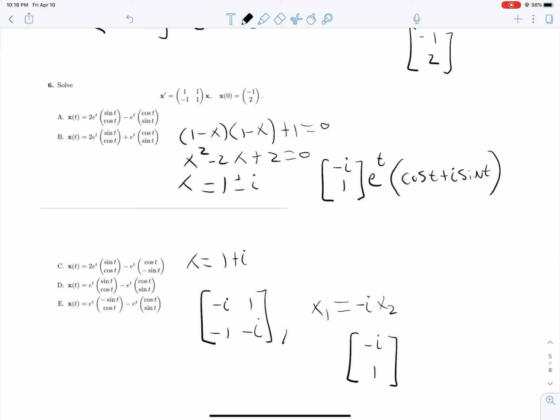So the real vector that we're going to get out of this is going to come from when we multiply sine on the top and cosine on the bottom. We don't want to have any more i's laying around.